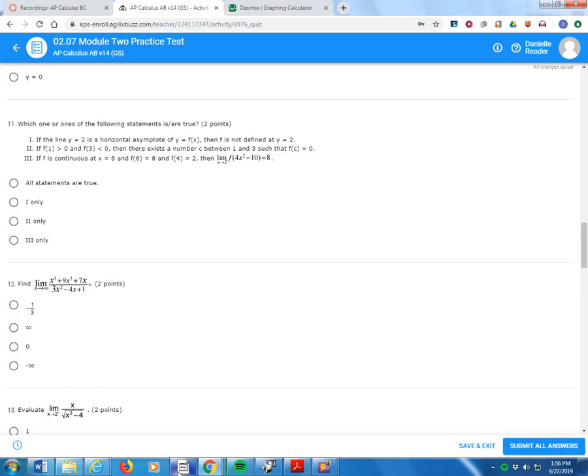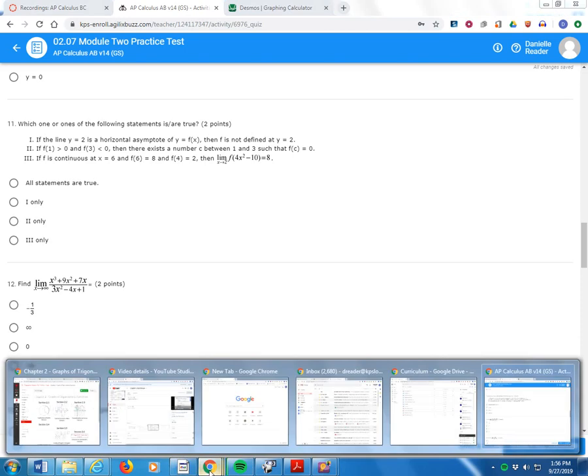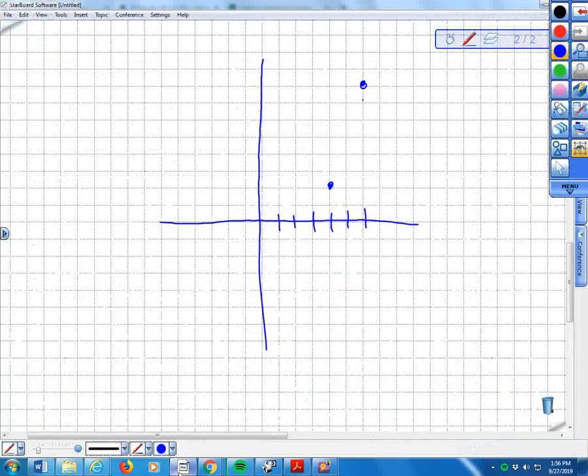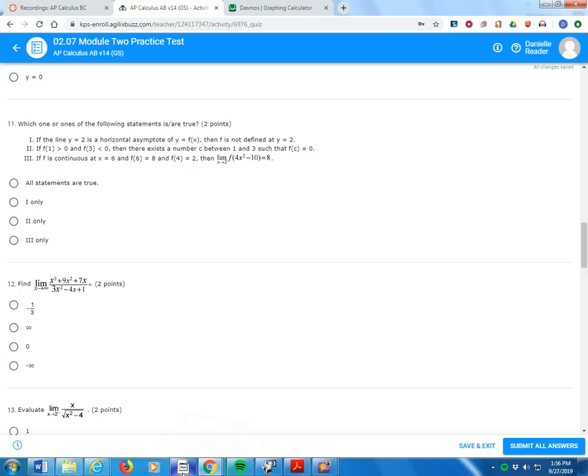The limit as x approaches 2 of this new function, f of x squared minus 10, must also equal 8. So that's f of 4x squared minus 10 as x approaches 2. So if I put 2 in, 4 times 4 is 16, minus 10 is 4.